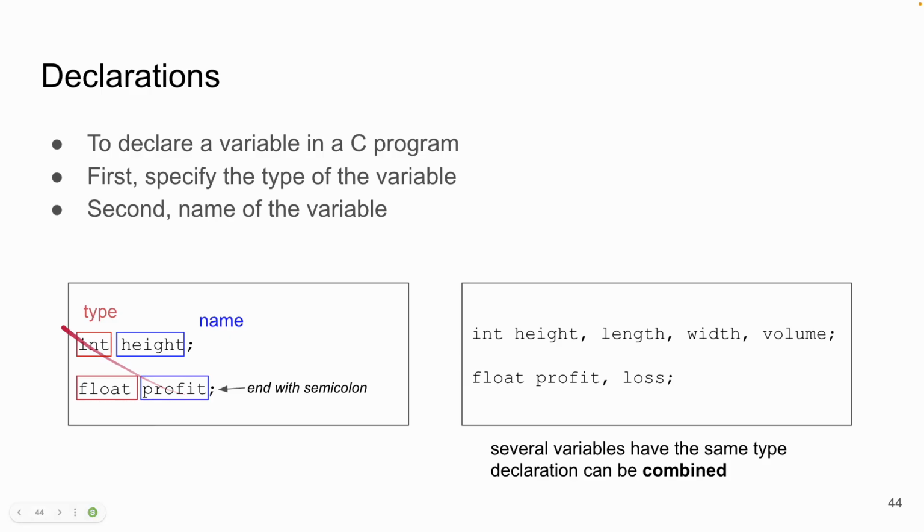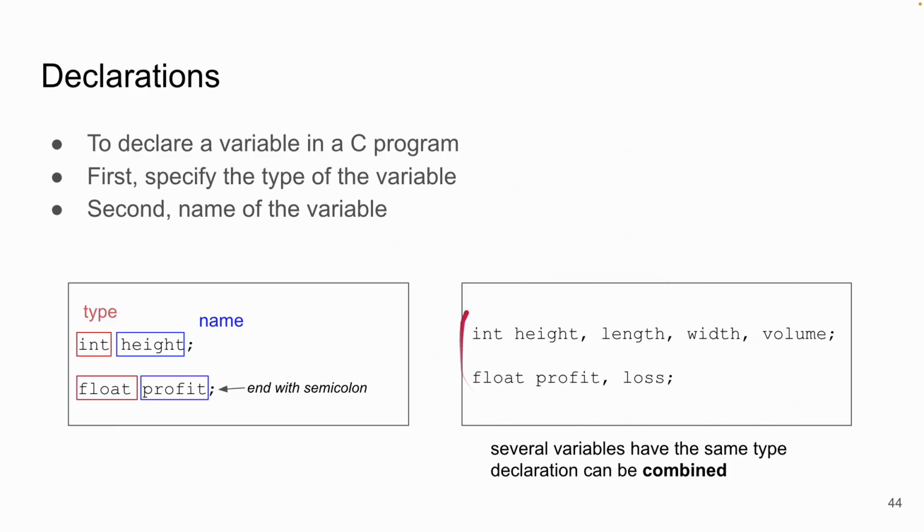And one small detail here, although it's small it's important: after we finish the declaration of these two variables, always remember to add the semicolon at the end, because one declaration is one statement. And in C, every statement needs to end with a semicolon. So this is the first example of how to declare these two variables.